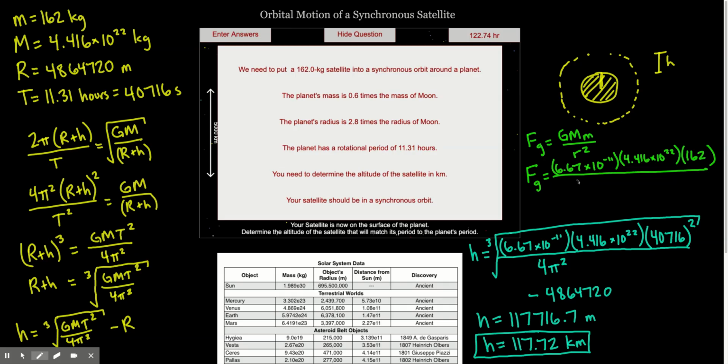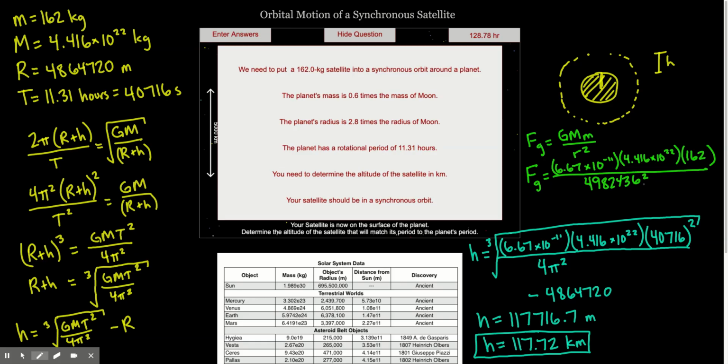That would be that number that I got before. So I'd have to add this number to the radius of the planet. So 117,000 or so. Add that to 4864 and you get the radius. So I got 4,982,436. And that number is going to be squared.